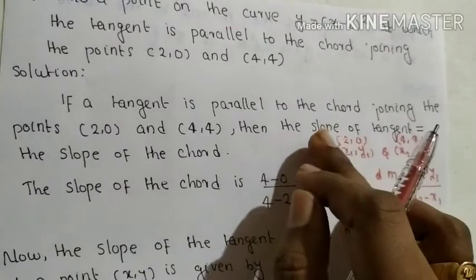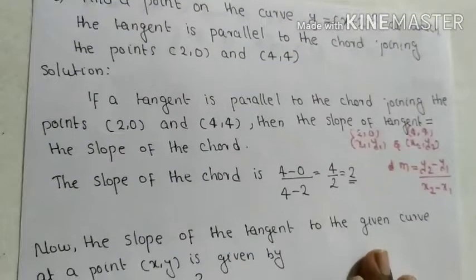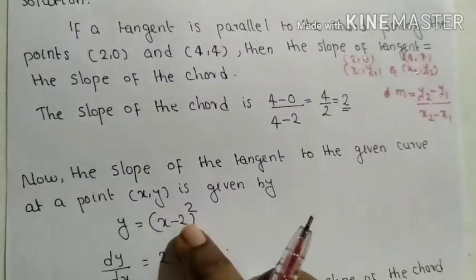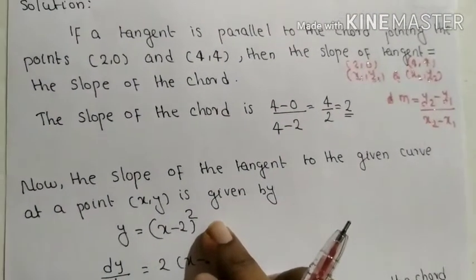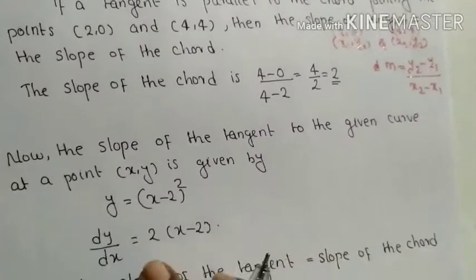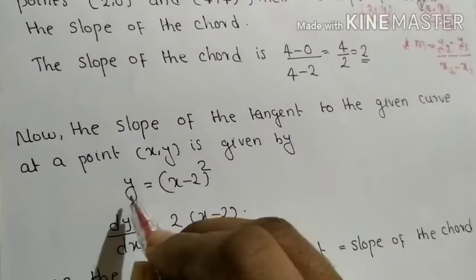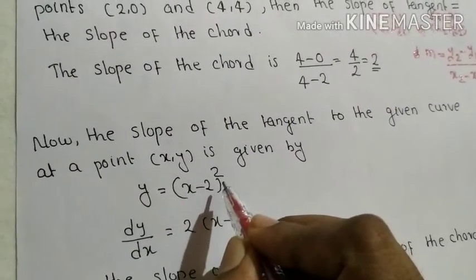Next I am going to find out the slope of the tangent. Here the given curve is y equal to (x minus 2) the whole square. We know that the slope of the tangent means dy by dx, so I am going to differentiate with respect to x on both sides.